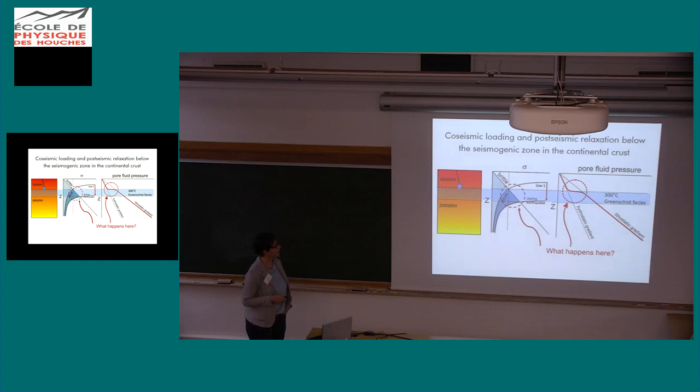I'm focusing on this blue shaded area here for a special reason, because if we consider earthquakes within the seismogenic zone, we have an effect on the underlying area where earthquakes cannot nucleate, and that is below the base of the seismogenic zone, as defined by, for example, Scholz et al. I'm talking about large earthquakes that rupture the whole lithosphere and leave a marked imprint in the rocks, below, in the uppermost plastosphere below the seismogenic zone.